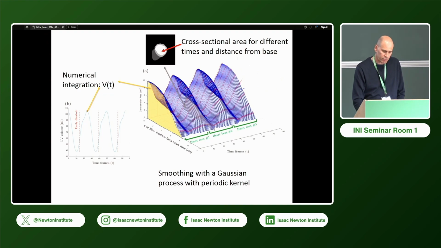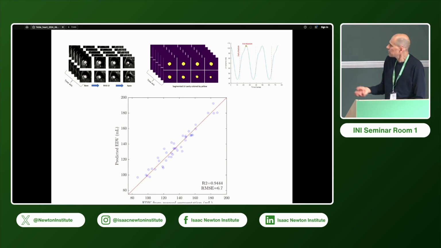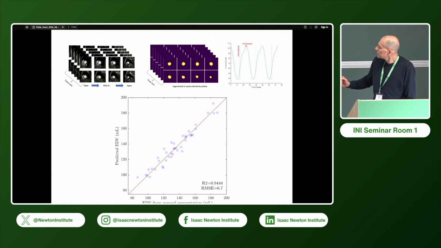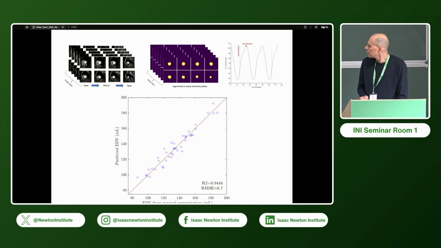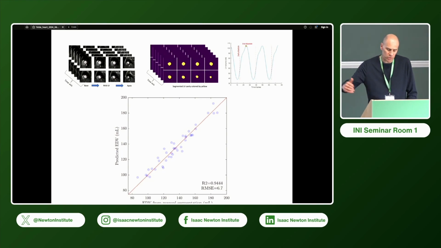If we compare the volume that we've automatically extracted from the cardiac magnetic resonance images with manual segmentation by an expert, you see a good agreement, and the root mean square error is on the order of 6.7. If you give the task to two different experts, you get a root mean square error on the order of 5. So that is pretty close to the intrinsic uncertainty that we have anyway.